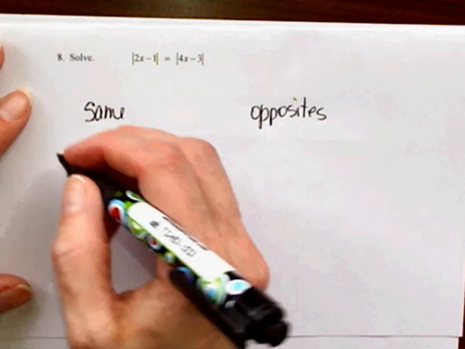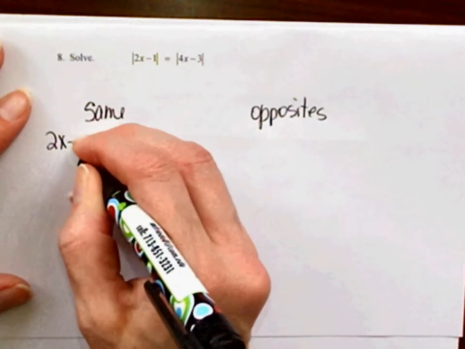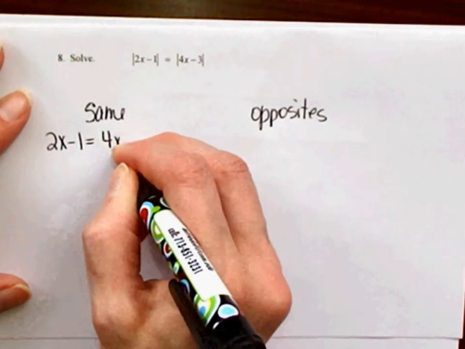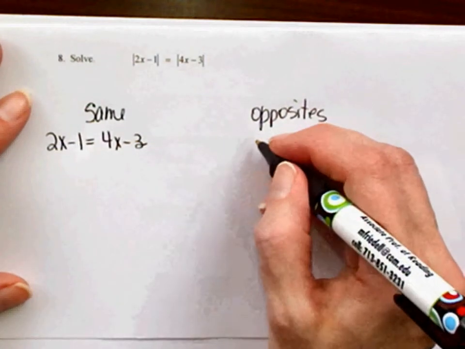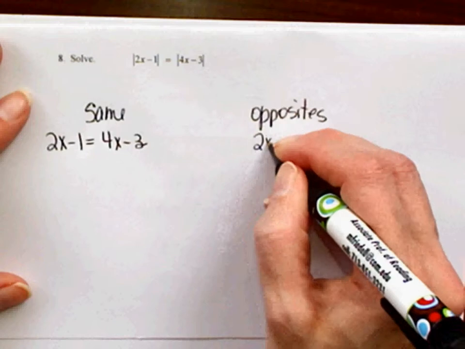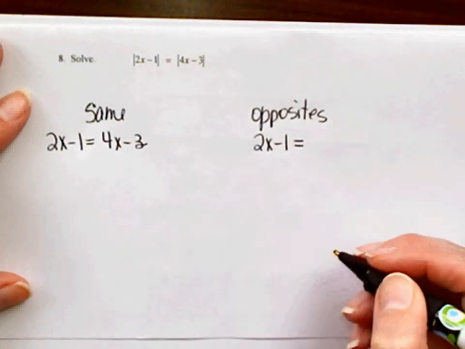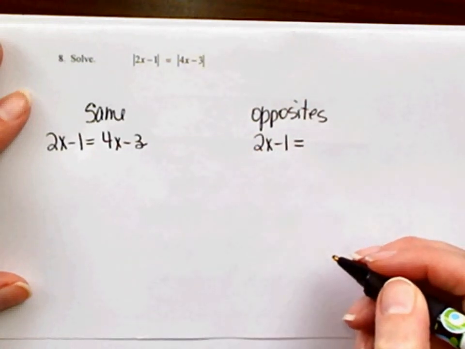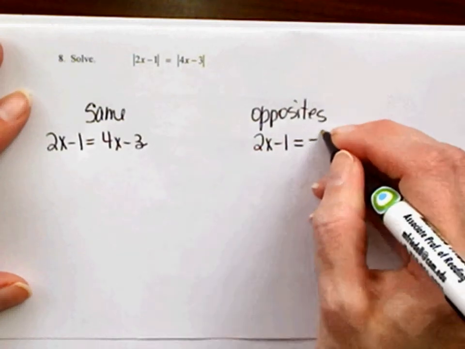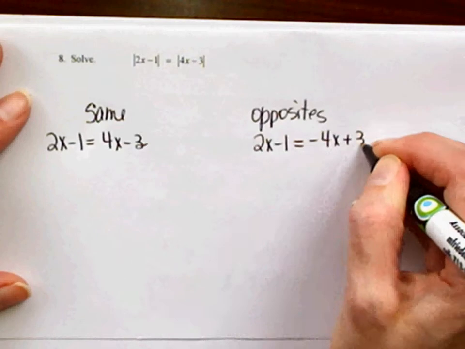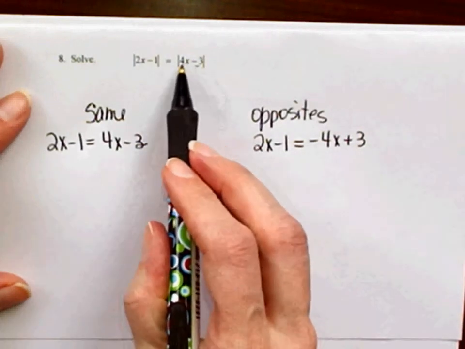Remember with same, you just drop the absolute values. Opposites, you're going to drop the absolute value on the left. On the right hand side, you're going to drop the absolute value and change the sign of all the terms. So that's a negative 4x plus 3. Once again, you're changing the sign of both terms.